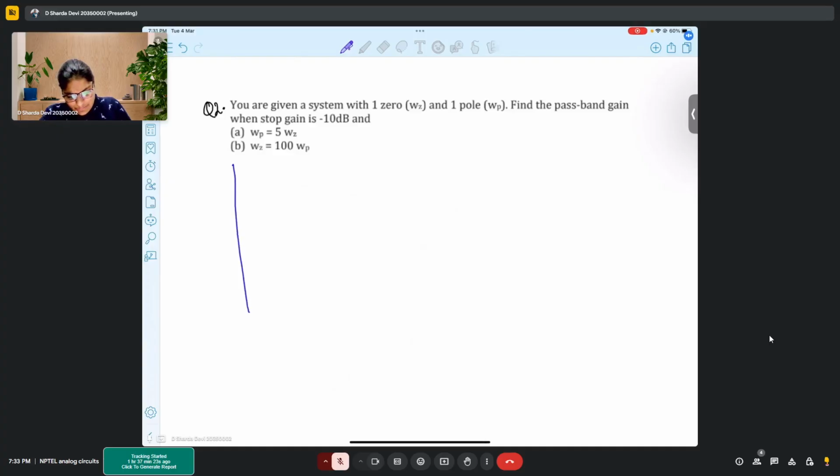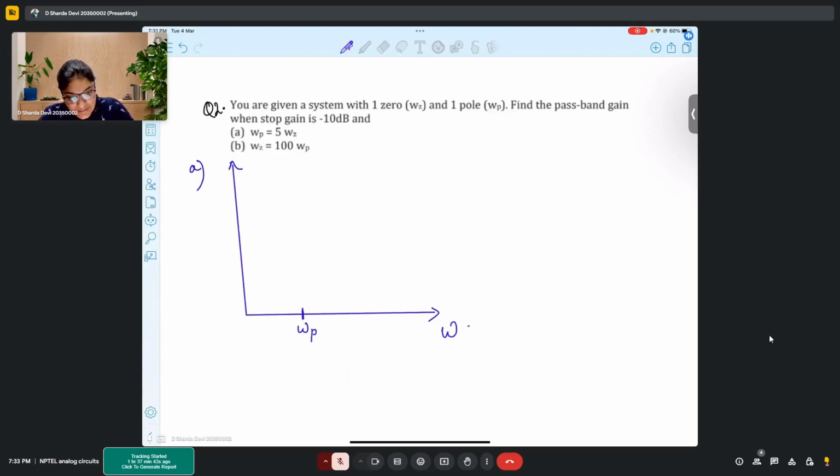So let me quickly draw my frequency response. This is the frequency response, or maybe I can write it directly in omega. So this is omega.